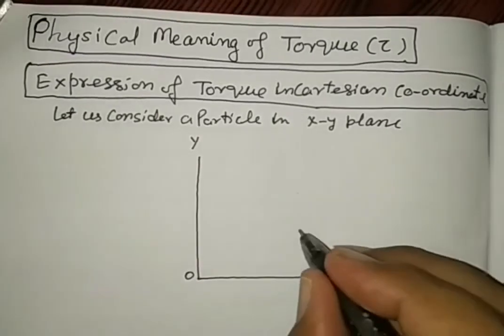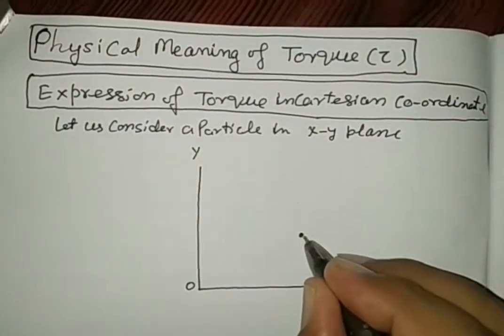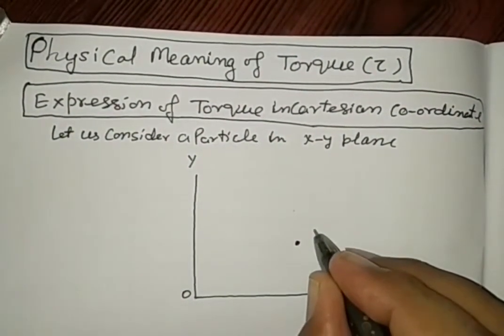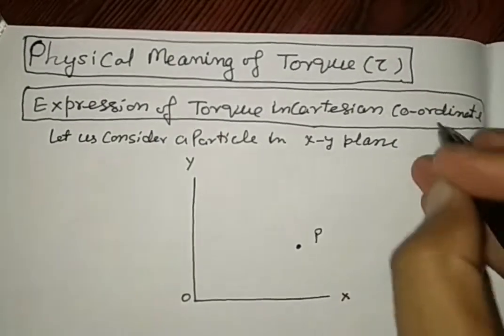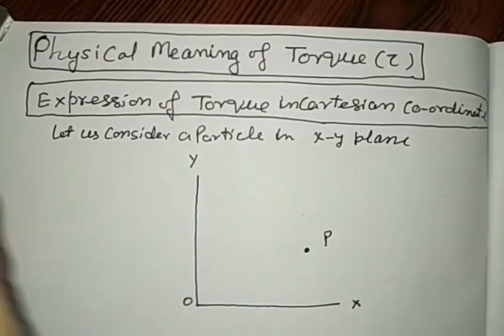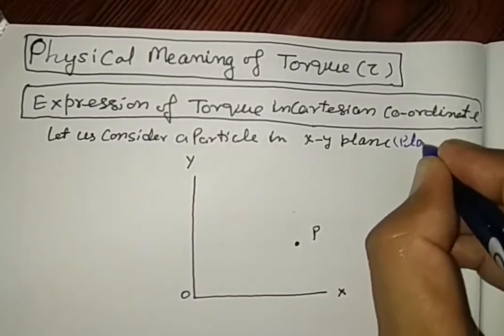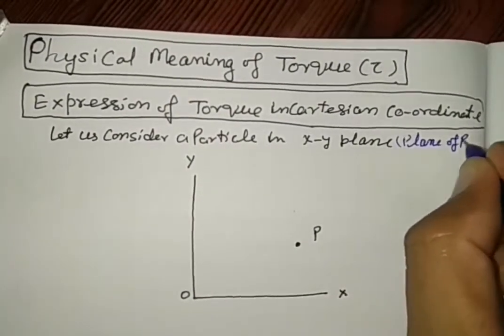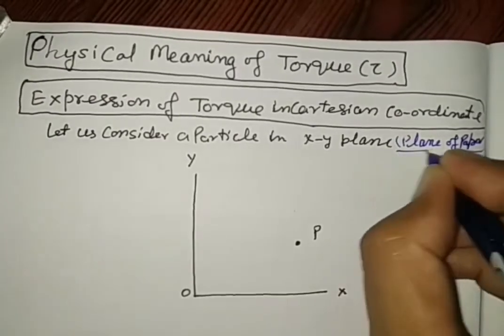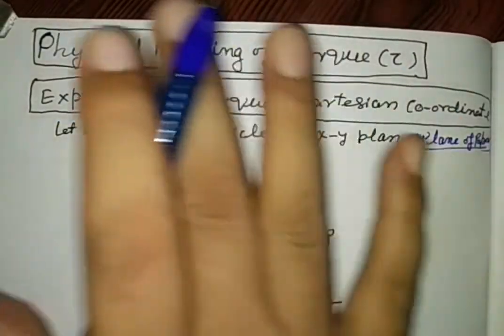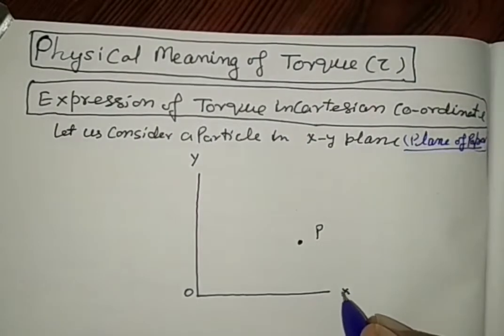A particle P here on this plane, xy plane is plane of paper here. Is it this white sheet is on xy plane?